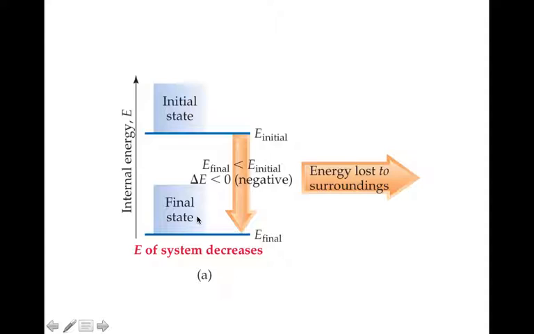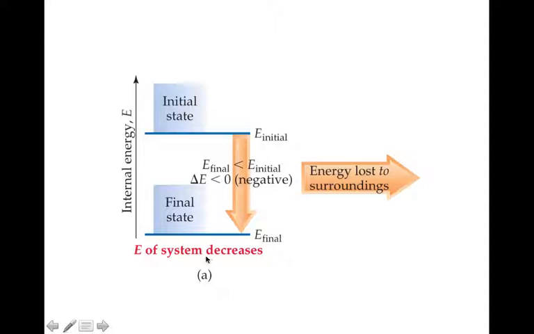And the final state is when it actually turns into water. In this case, the initial state has a lot more energy than the final state. So you have this change in energy, and the final energy is less than the initial energy.